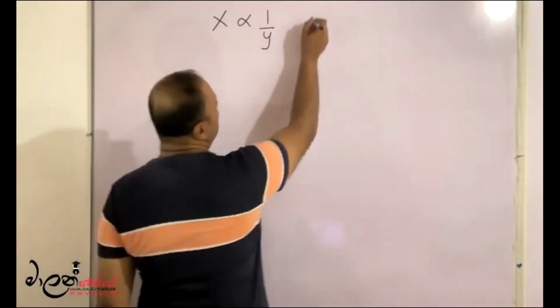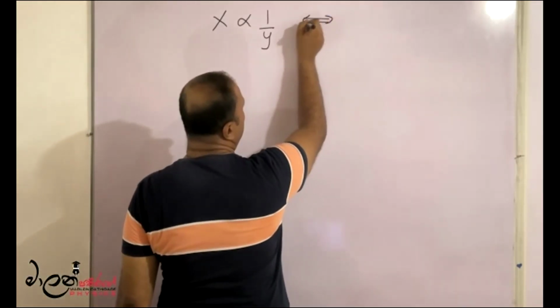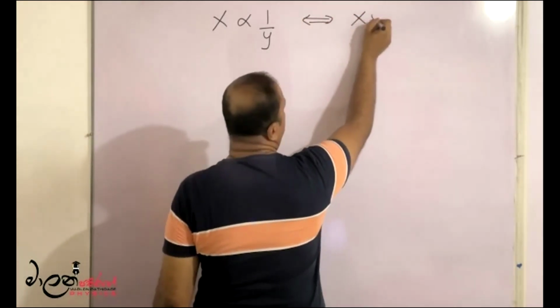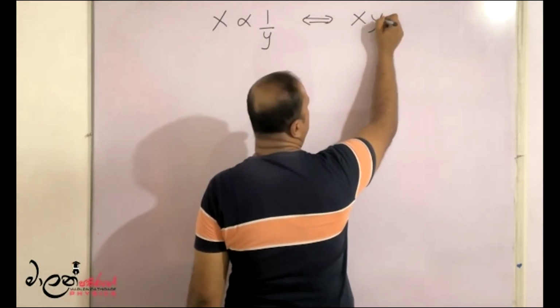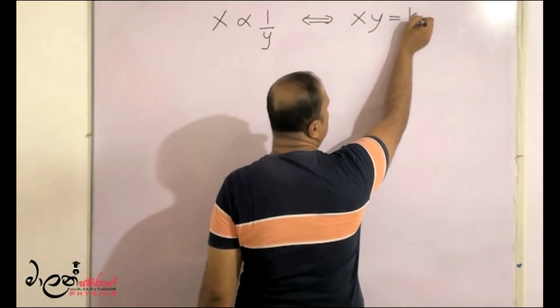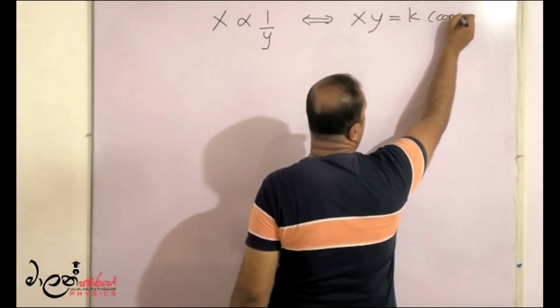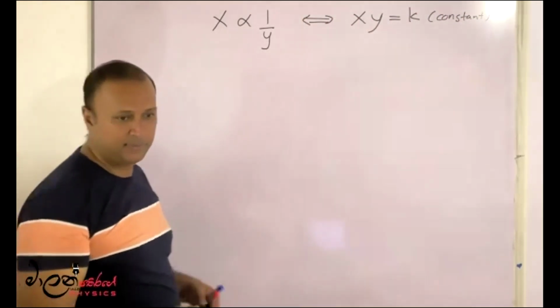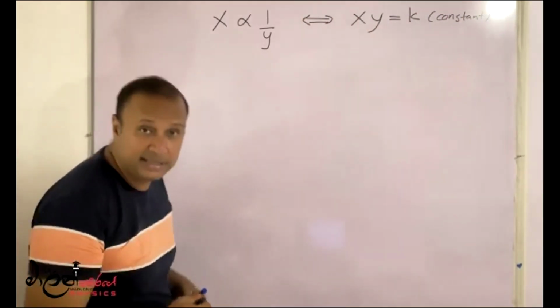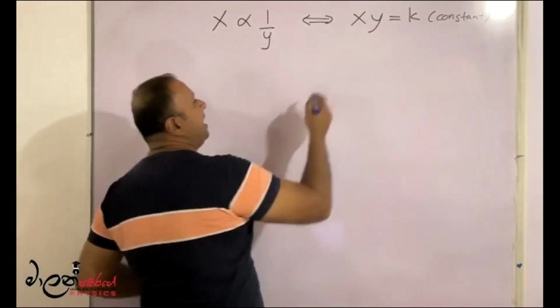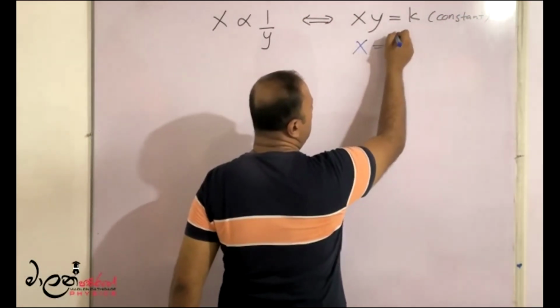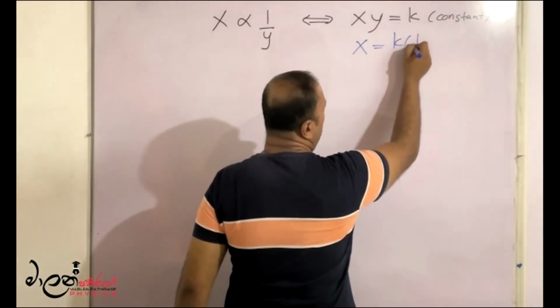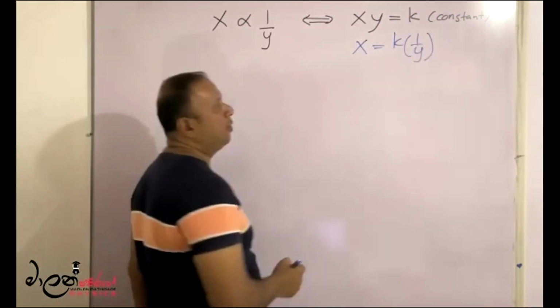Then using the definition, the product of x and y is a constant. That means if I make x the subject, x is equal to k into 1 over y.